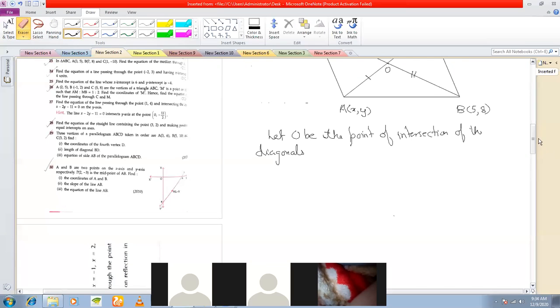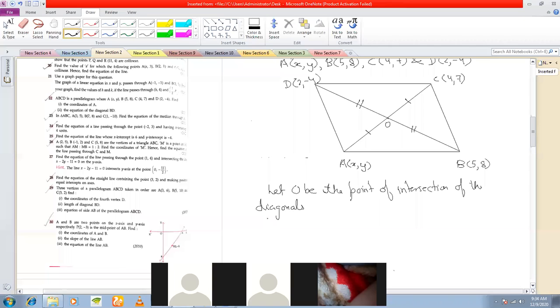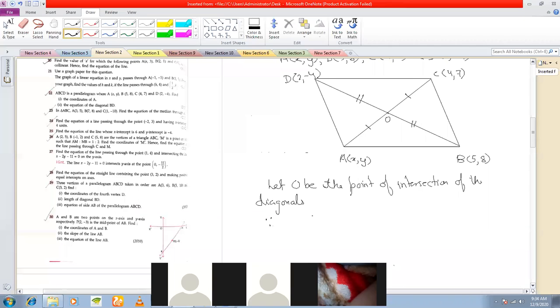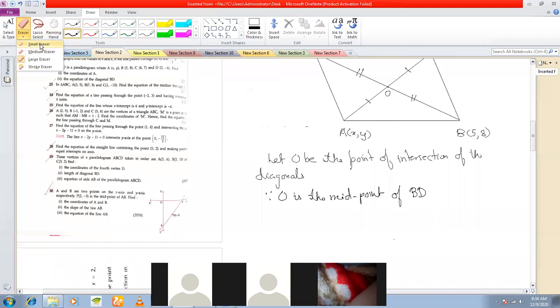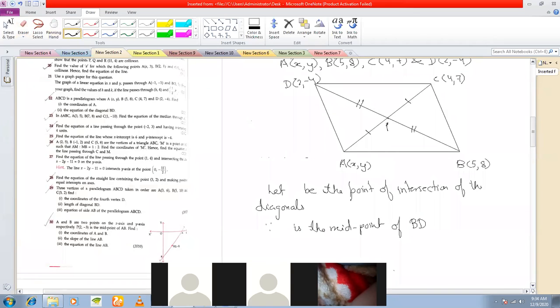Let us find out the coordinates of O. Let us call it P instead of O, since O normally we reserve for the origin. So let P be the point of intersection.